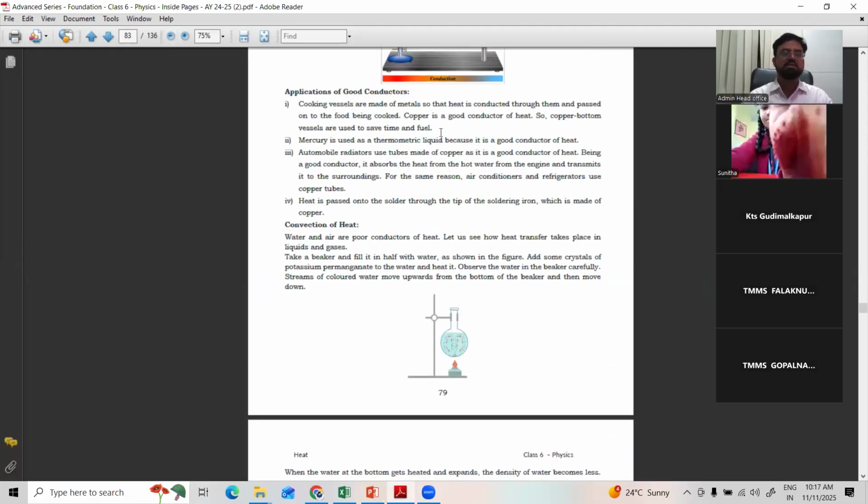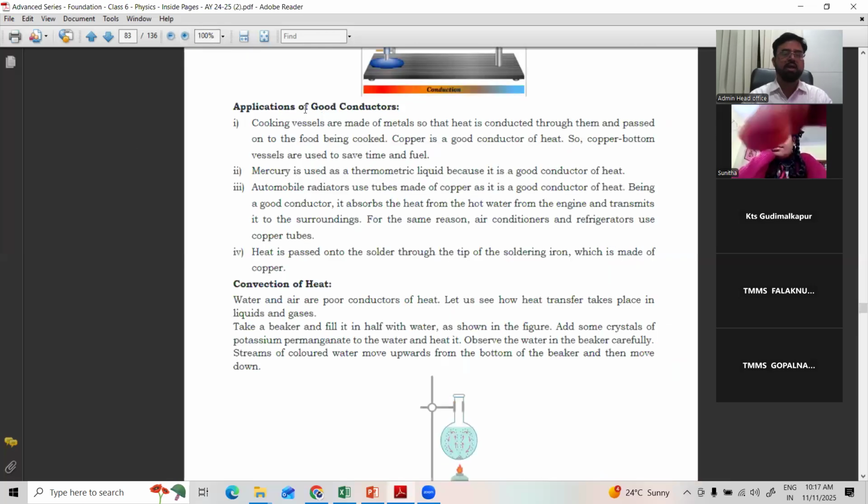So we'll see some applications. What are the applications here? Where they are applicable, where we can see the conduction process. So many examples are there. See here. One, cooking vessels. Cooking vessels are made up of metals so that heat is conducted through them and passed on to the food being cooked.